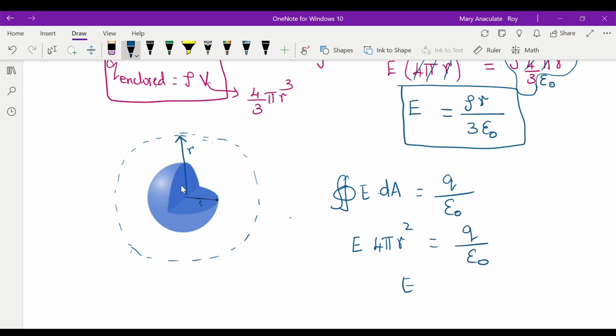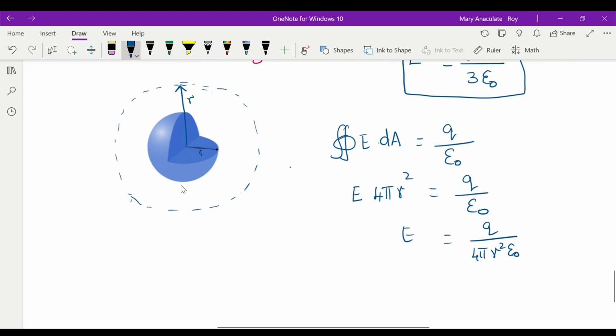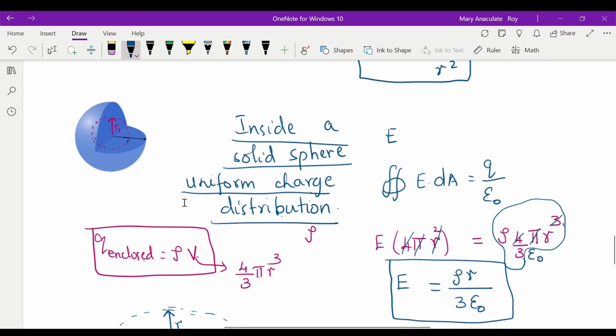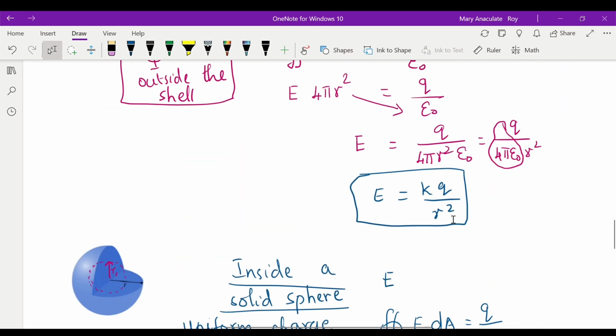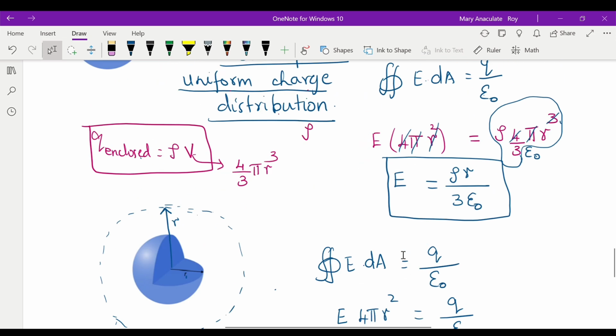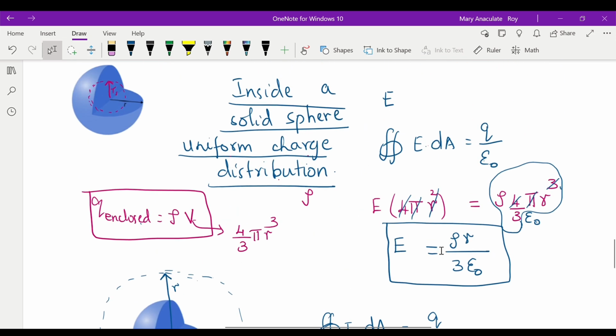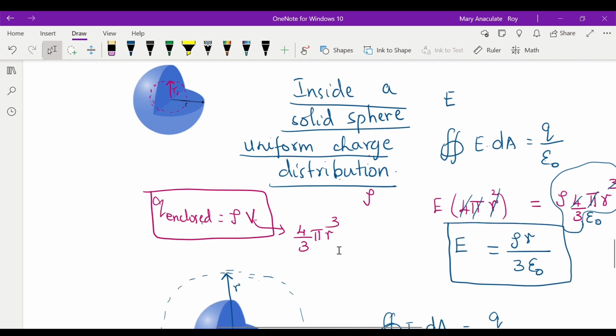So E will be equal to Q over 4 pi epsilon naught r squared, which will again give you a very similar formula, kQ over r squared. If you notice this formula, outside a spherical shell it's similar to the formula for a point charge. Only for inside a solid sphere you get rho r over 3 epsilon naught.